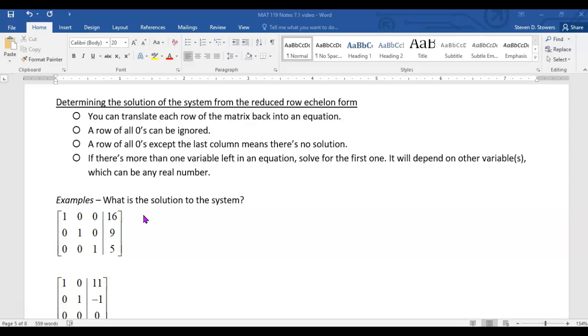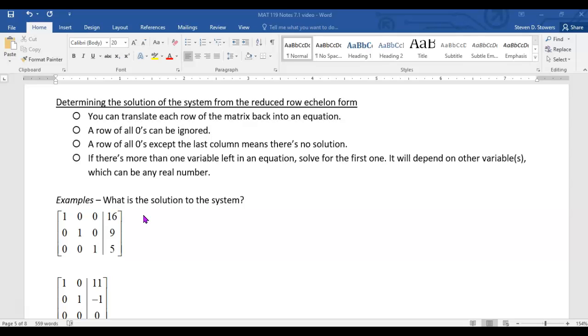Sometimes when you get to reduced row echelon form, you'll get one or more rows of your matrix that still have more than one variable left. In that case, you have a dependent system with infinitely many solutions, but you still might want to know what those infinitely many solutions are. Infinitely many solutions doesn't mean anything goes.